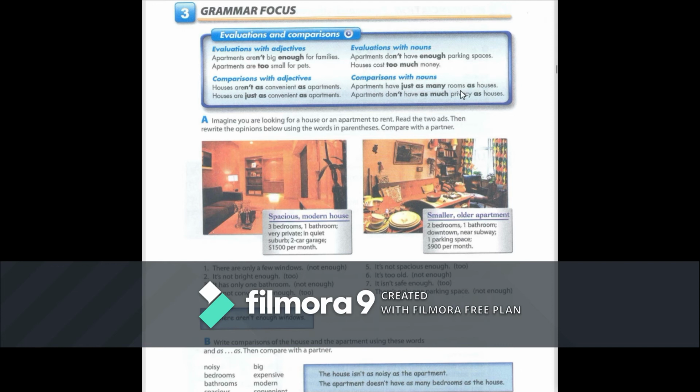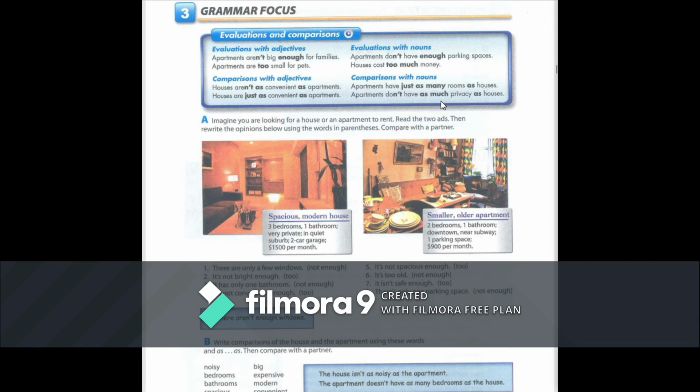So on the countable I put many. When I make a comparison between apartments and houses, if it's countable, I say apartments have just as many rooms as houses. If I make it negative, apartments don't have as much privacy as houses. I said much, not many here, because privacy is uncountable.